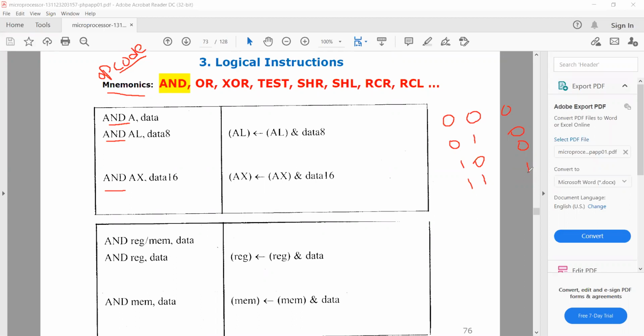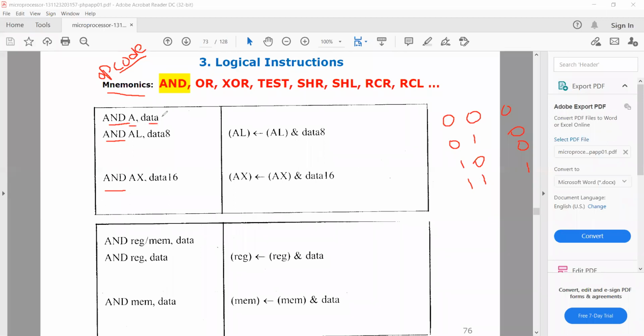This AND operation will be performed by this AND instruction, on different data present at different locations. The first category is AND A comma data.